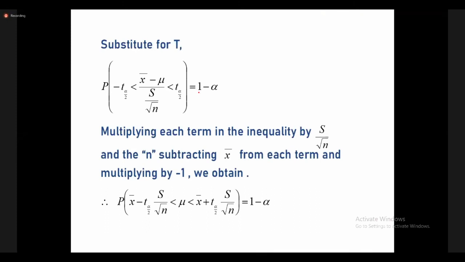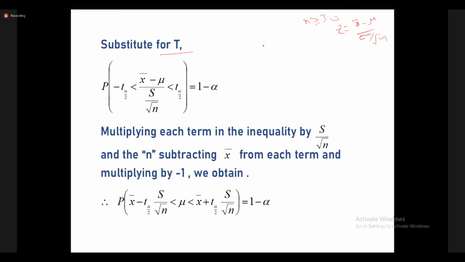Now substitute the T value here. Previously for large samples, n greater than or equal to 30, what is the Z value? X bar minus mu by sigma by root n.